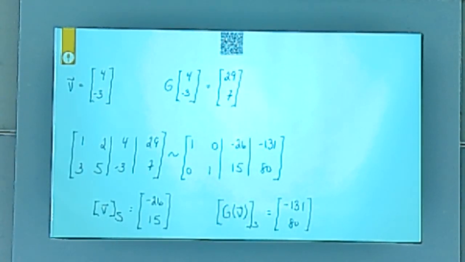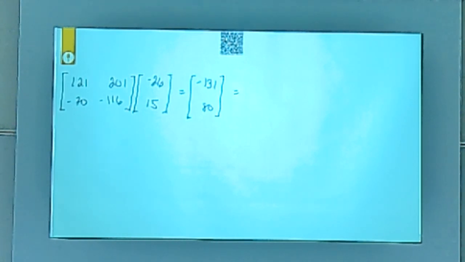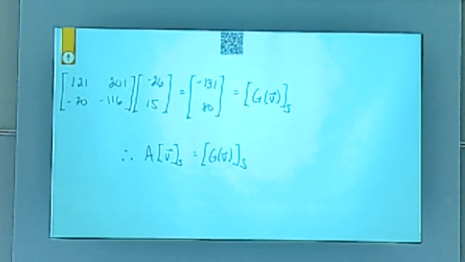Is that the coordinate vector for G of V? So it's verified.